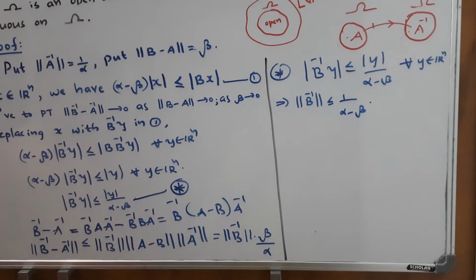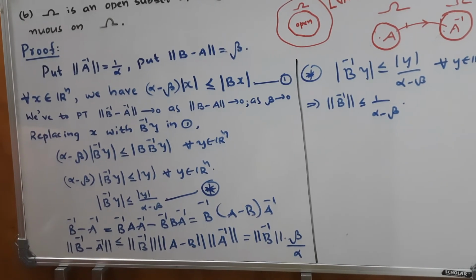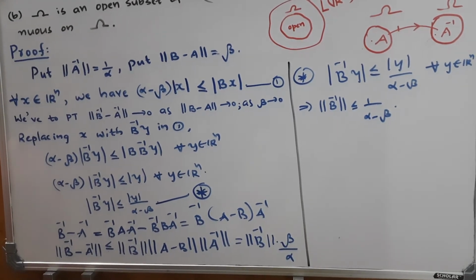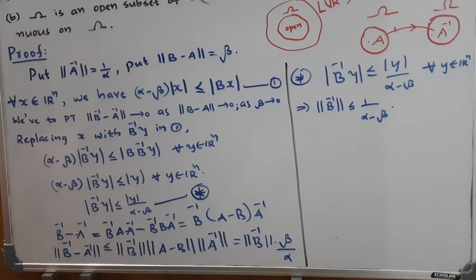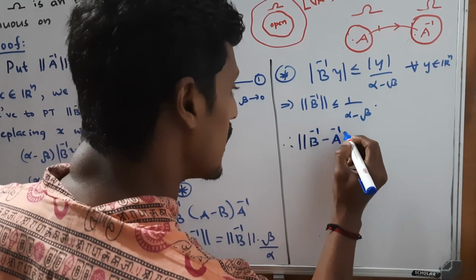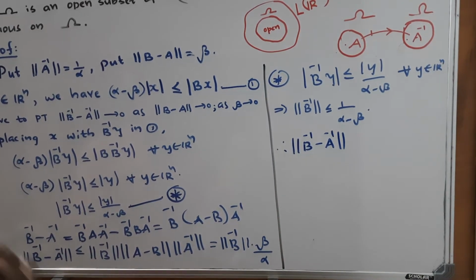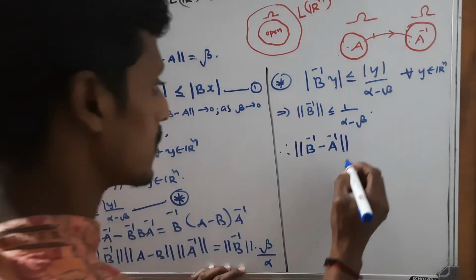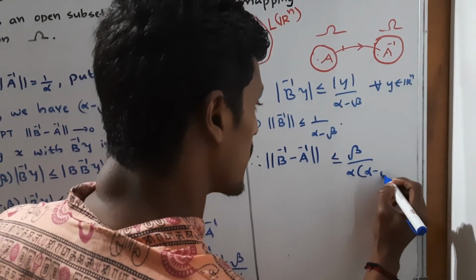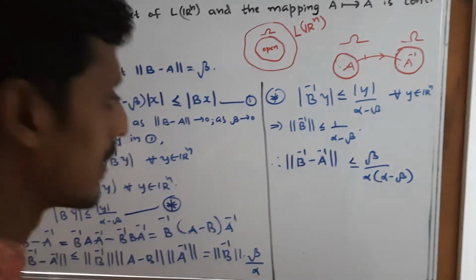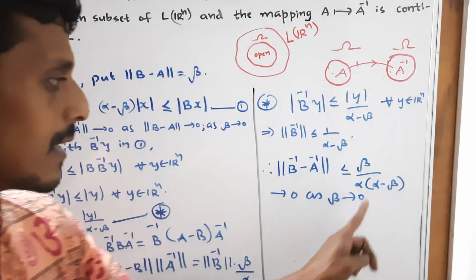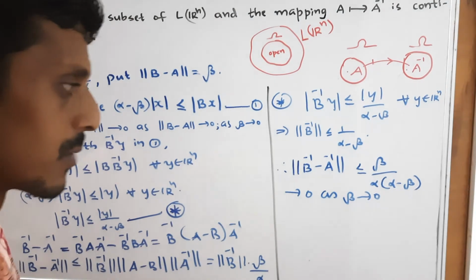So I can write norm of B inverse minus A inverse is less than or equal to beta divided by alpha into (alpha minus beta), and this tends to 0 as beta tends to 0, because alpha and alpha minus beta can never be equal to 0.